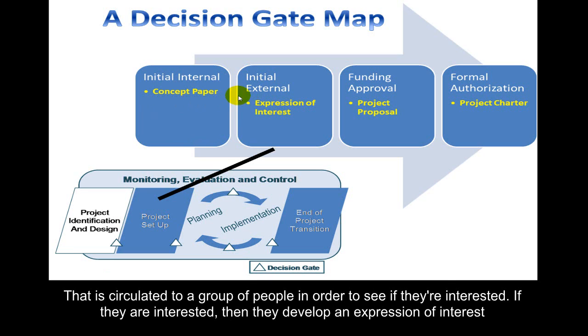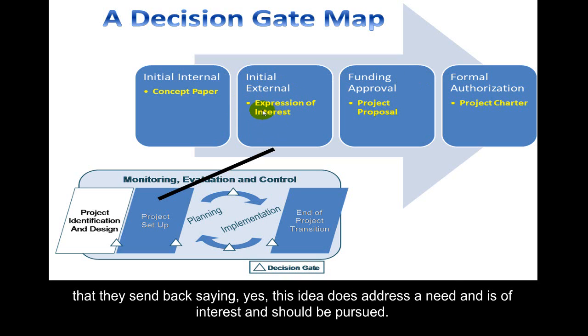That then is circulated to a group of people in order to see if they're interested. And if they are interested, then they develop an expression of interest that they send back saying, yes, this idea does address a need and is of interest and should be pursued.